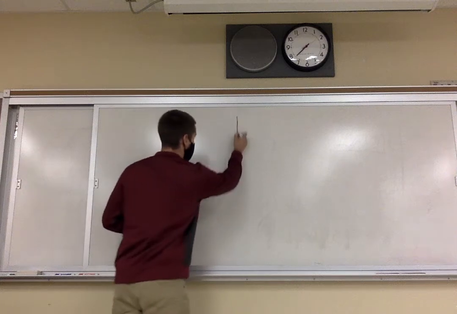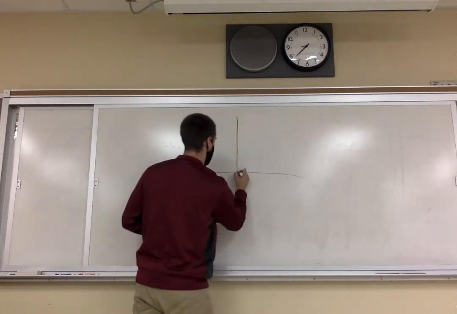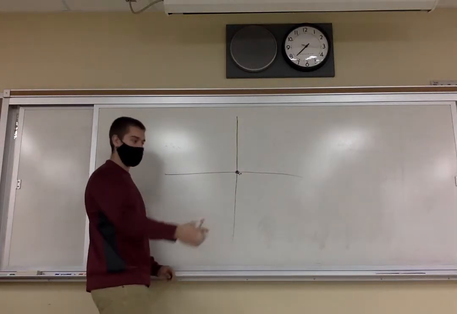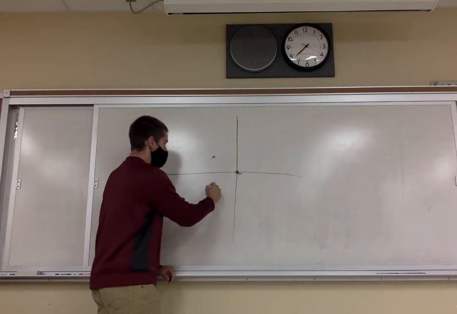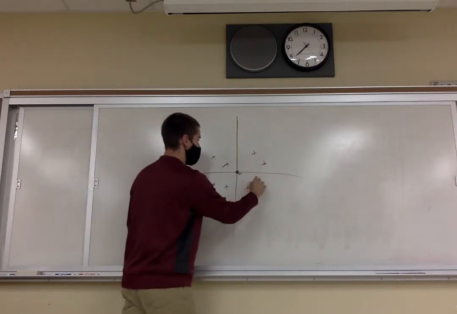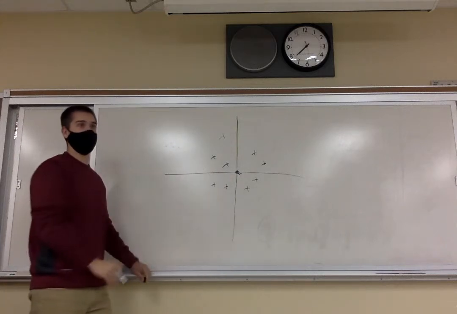So we would have gotten a sheet of paper. Here's 0, 0. That's like the bullseye. And then you launch it on the ground, and you mark where every beanbag, your 10 trials or whatever, will land. So that's your data.